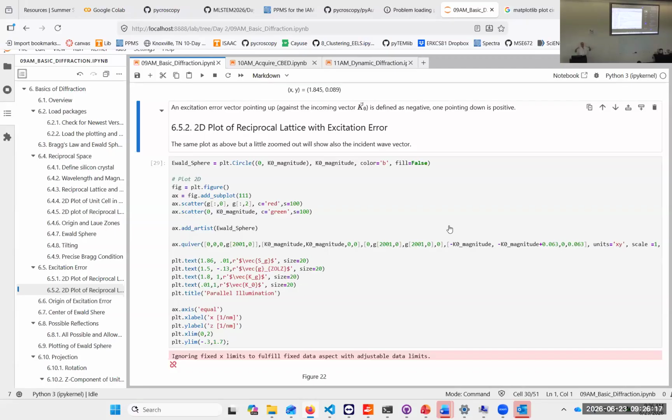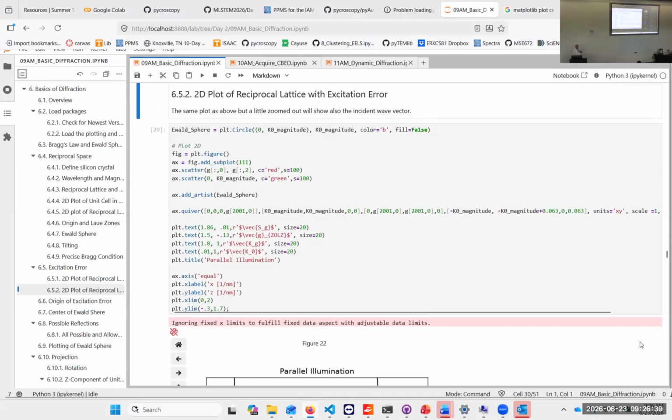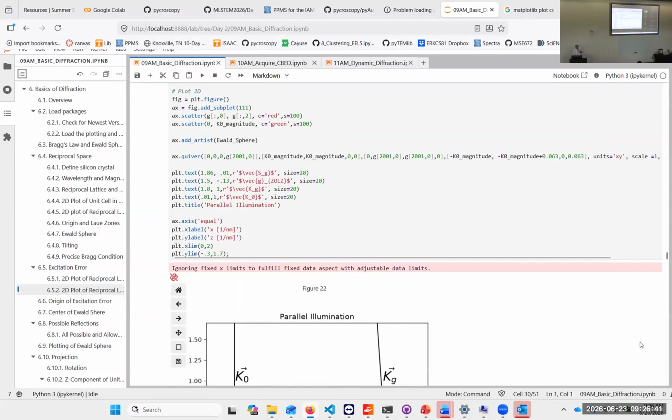But it's actually like an onion, right? So you have a core that is relatively large, and then it's a shell, a shell, a shell. And so you can see how in the reciprocal space, wherever you hit that with the Ewald sphere, you have now dark and bright regions.